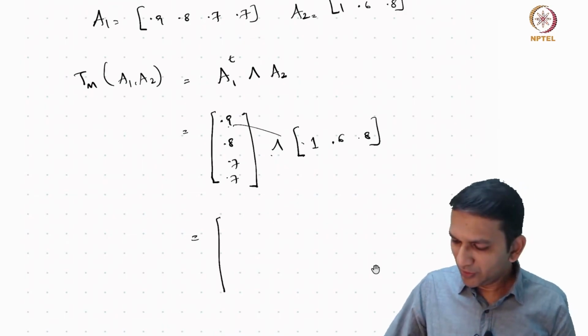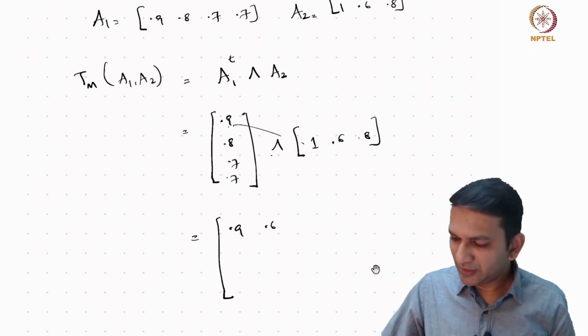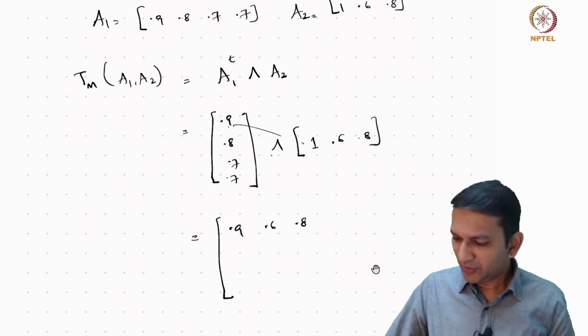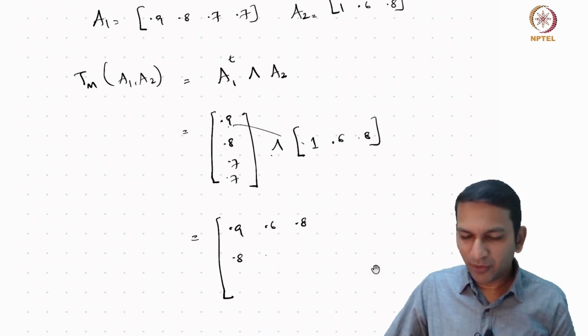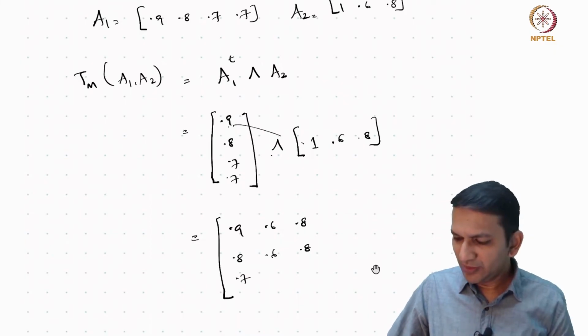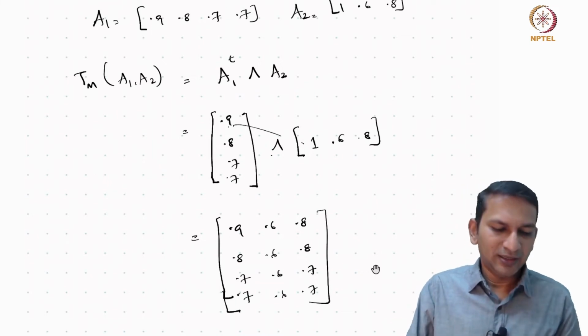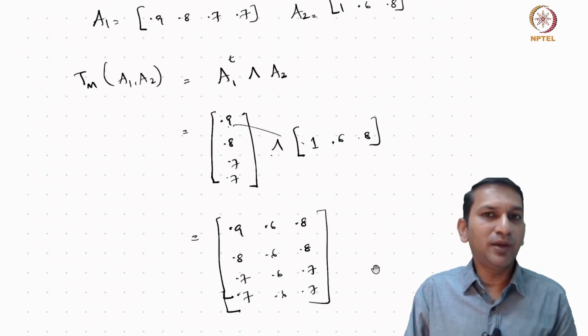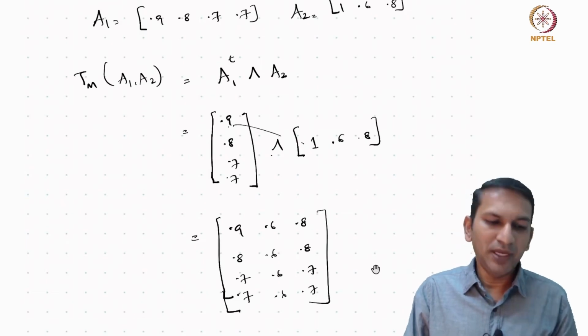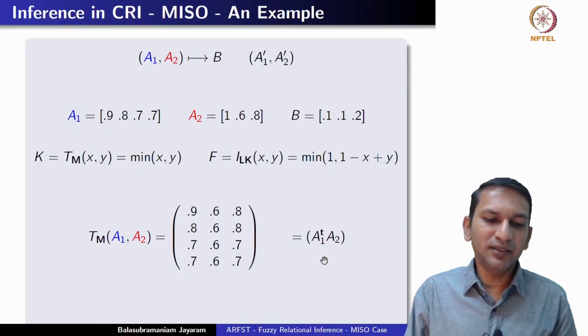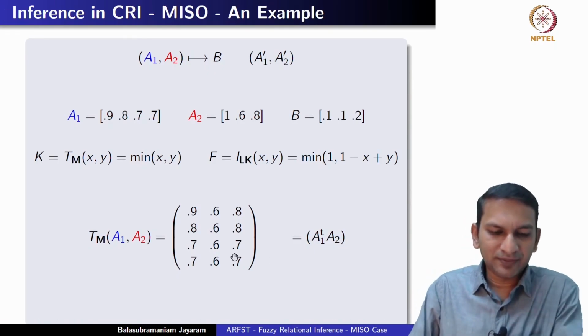So clearly, what you would get is 0.9 and 1, minimum is 0.9, 0.9 and 0.6 is 0.6, 0.8 and 1 is 0.8, 0.8 and 0.6 is 0.6, 0.7 and 1 is 0.7, 0.7 and 0.6 is 0.6. So this is the matrix that you would get when you combine A1 and A2 using the minimum as the antecedent combination. That's exactly what we have here.